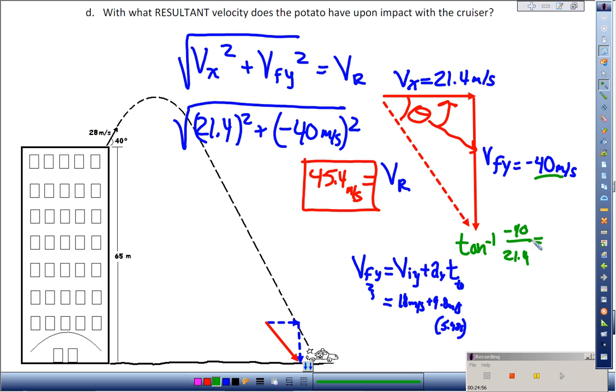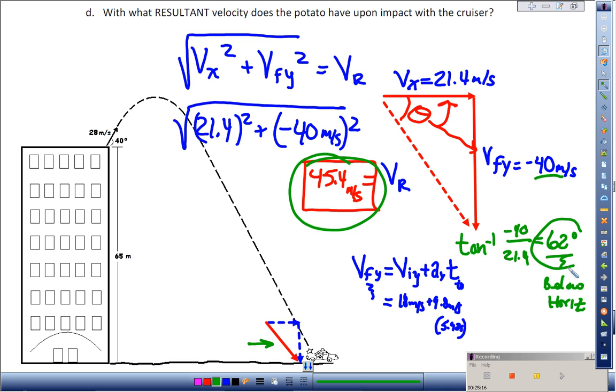If I take the inverse tangent of that in my calculator, I find that it is about 62 degrees below the horizontal. So my final answer for this resultant velocity that it hits the cop car with is 45.4 meters per second at an angle of 62 degrees below the horizontal. And that is the entire problem.